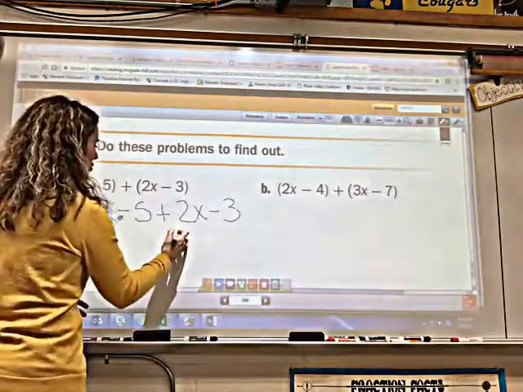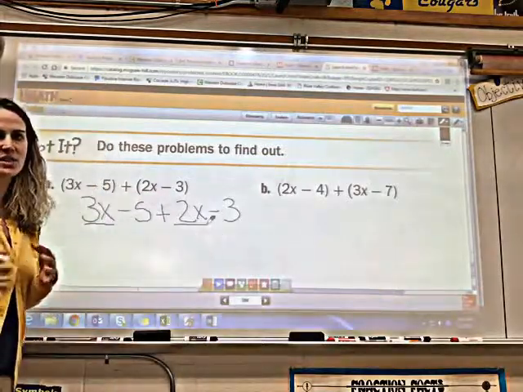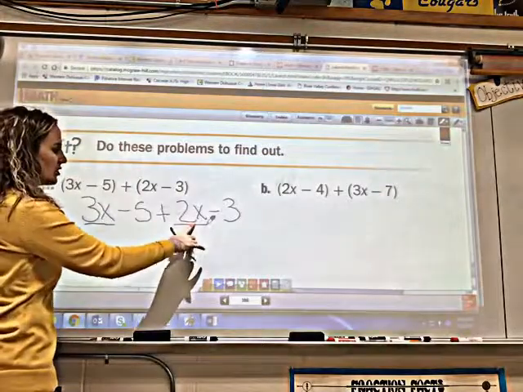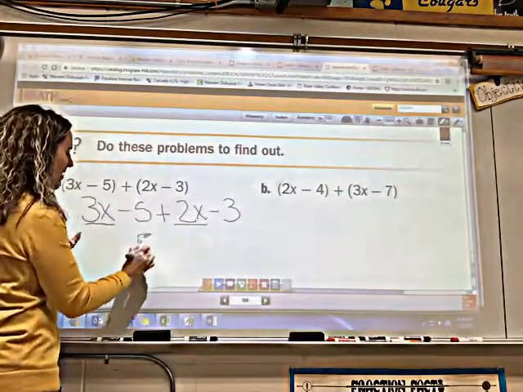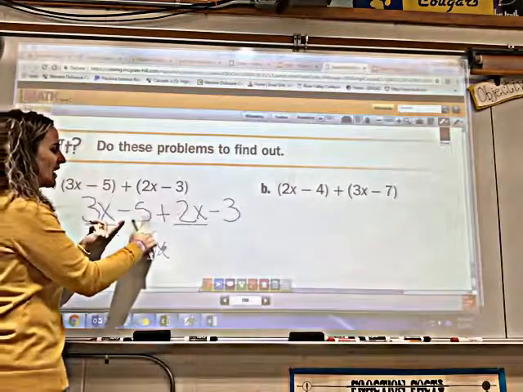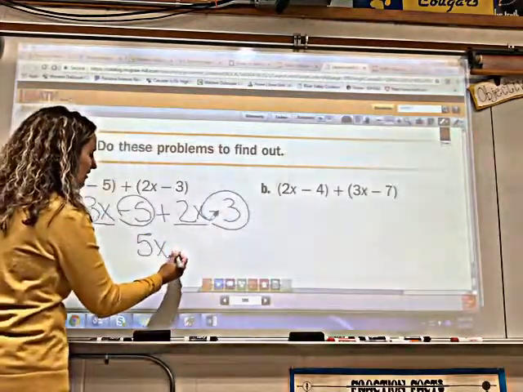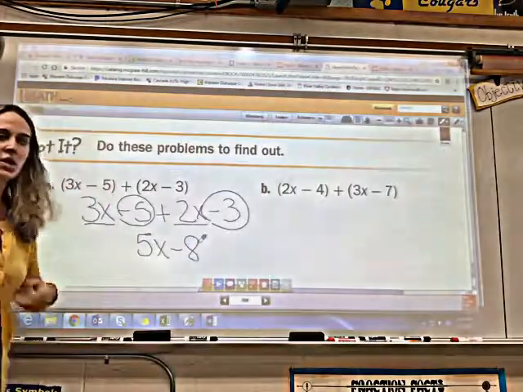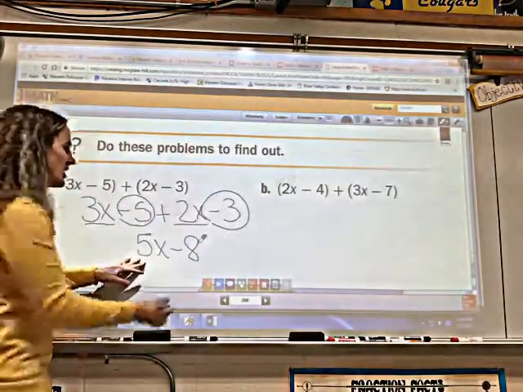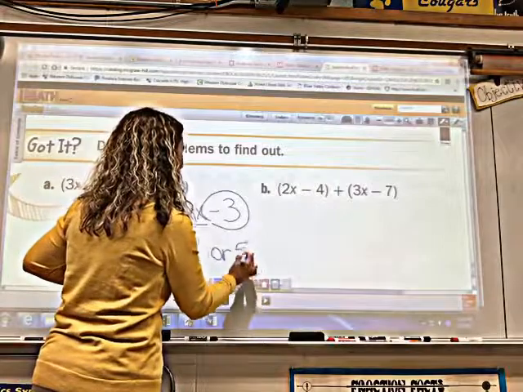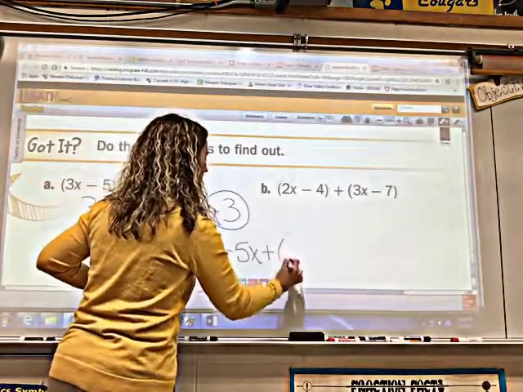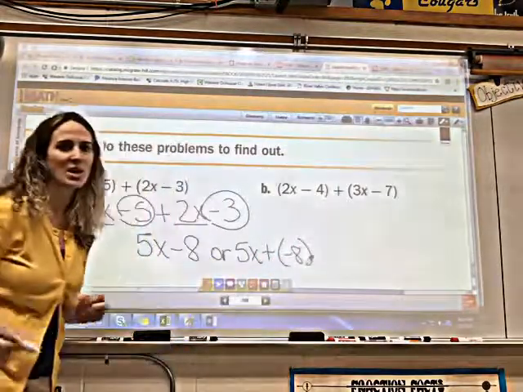When I look at what I have that's alike, I've got 3x's and 2x's, so 3 plus 2 gives me 5x's. And then I have 5 negatives and 3 negatives. So negative 5 plus negative 3 would give me 8 negatives. You can write that as 5x minus 8 or 5x plus negative 8, which means the same thing.